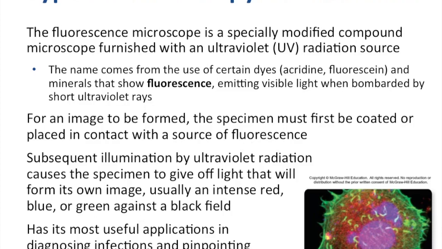Fluorescence microscope. We have to use an ultraviolet radiation source to generate the fluorescence. First we have to treat the samples. We have to stain the samples with dyes, which are fluorescent dyes.